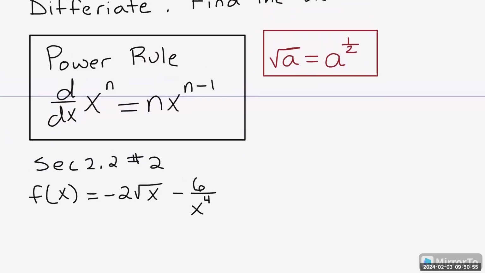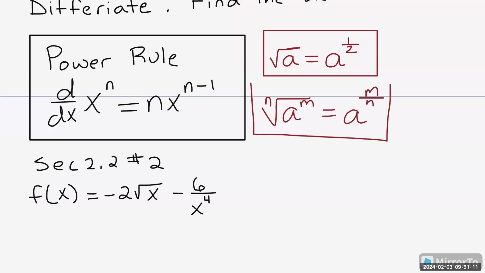If you have something other than just a square root, like let's say you have the nth root of a raised to some power m, that's the same thing as a raised to the power of m over n. So you might find that useful for another problem.